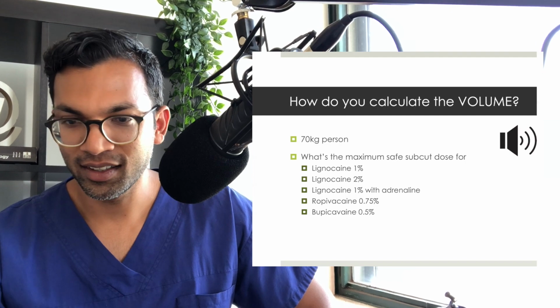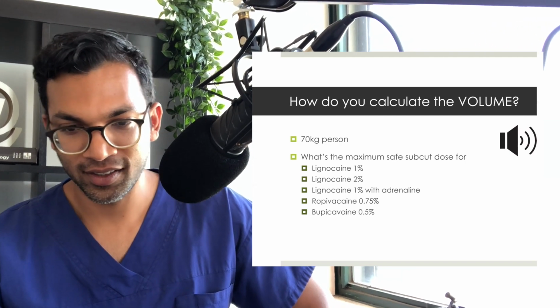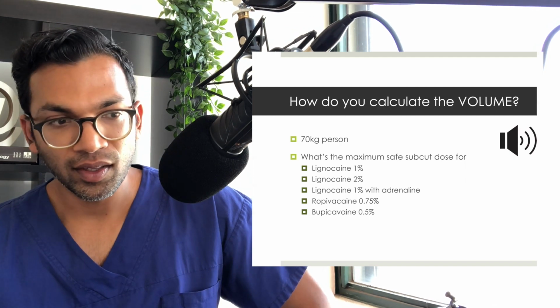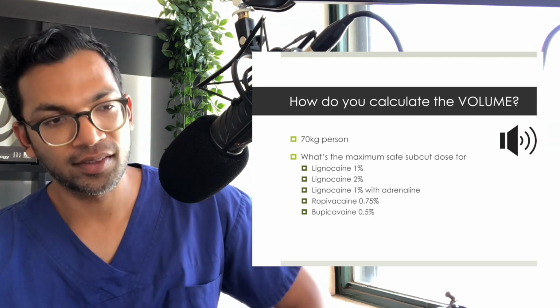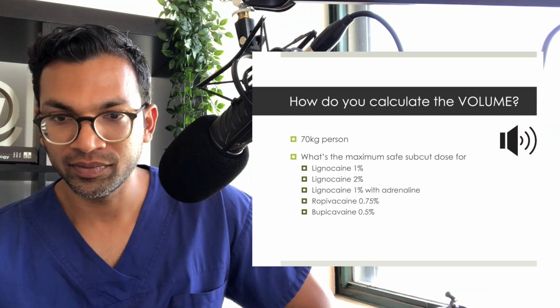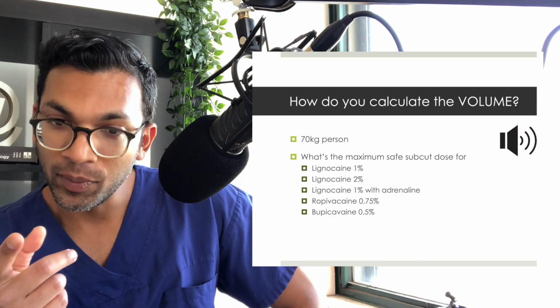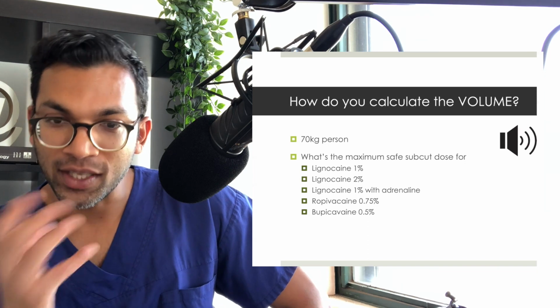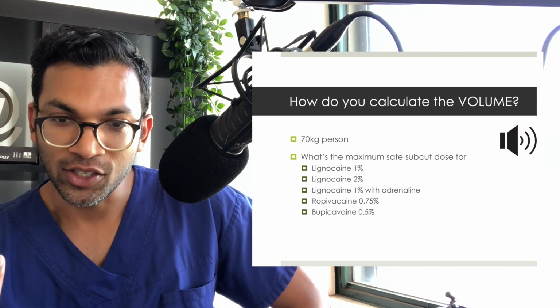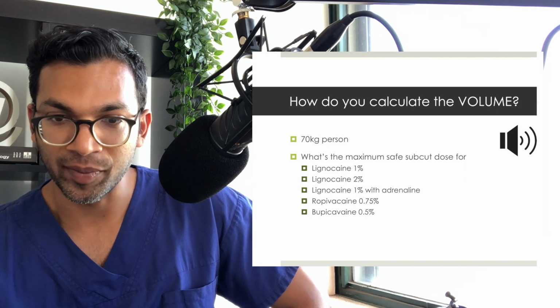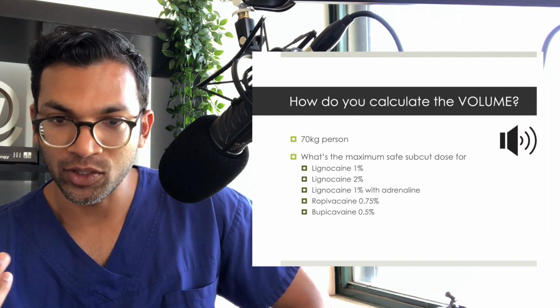I can maybe try the first 3. Please do. So I think we said 21 for the 1%. Would the 2% just be double? So 42? Or it doesn't work like that? It'll be half, yeah. Because it's more concentrated. So you divide 210 by 20 milligrams per mil. 210 divided by 20.